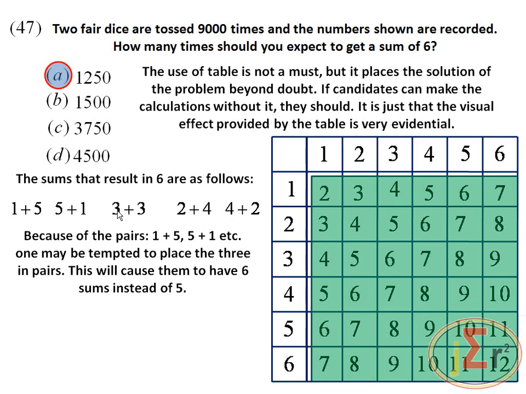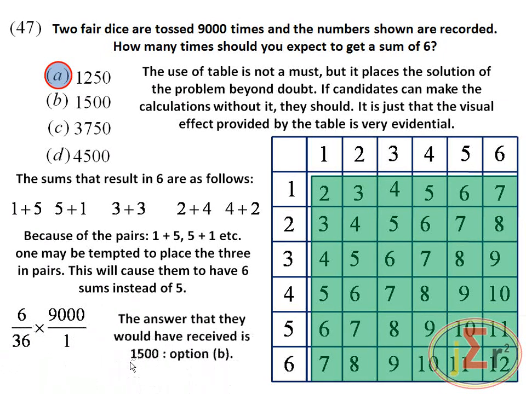So we are sure that we have only 1, but they make this mistake and they use 2, ending up with a total of 6. So they use 6 instead of 5, and in the simplification of that, they would have received 1,500, which is option B.